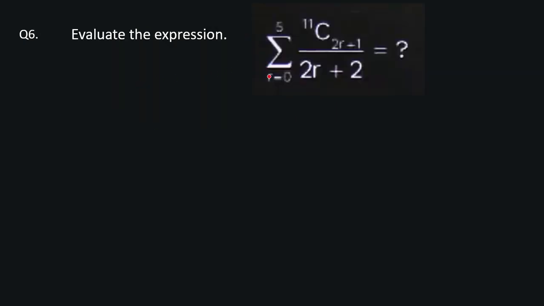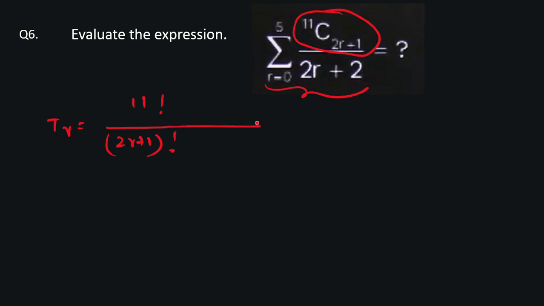The next question is summation r is equal to 0 to 5, 11C 2r minus 1 by 2r plus 2. Now let us assume this as tr, which is equal to 11 factorial by 2r plus 1 factorial. We are just expanding this one. 11C 2r minus 1 expansion is 11 factorial by 2r plus 1 factorial into the denominator part 10 minus 2r factorial into 2r plus 2.